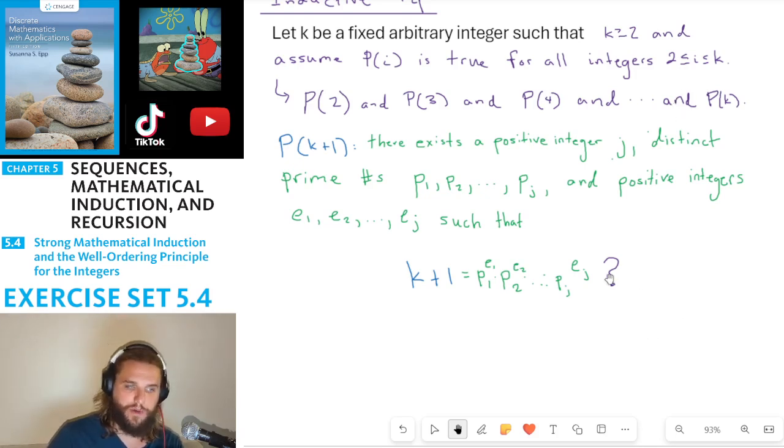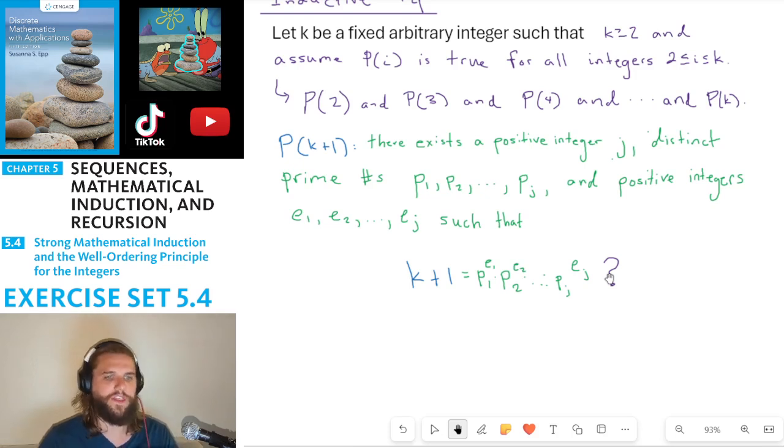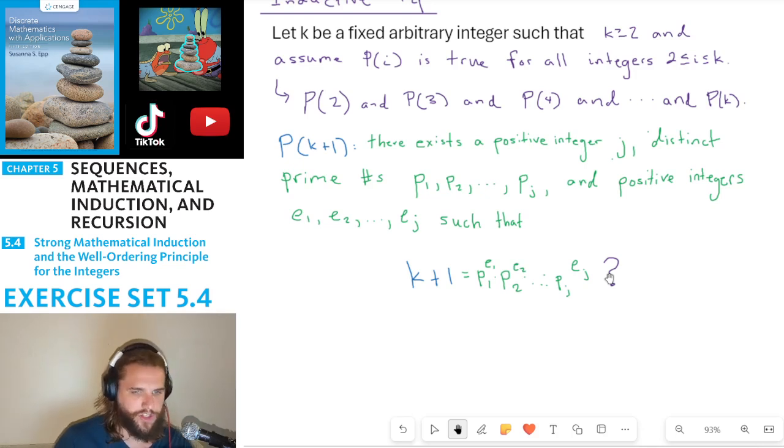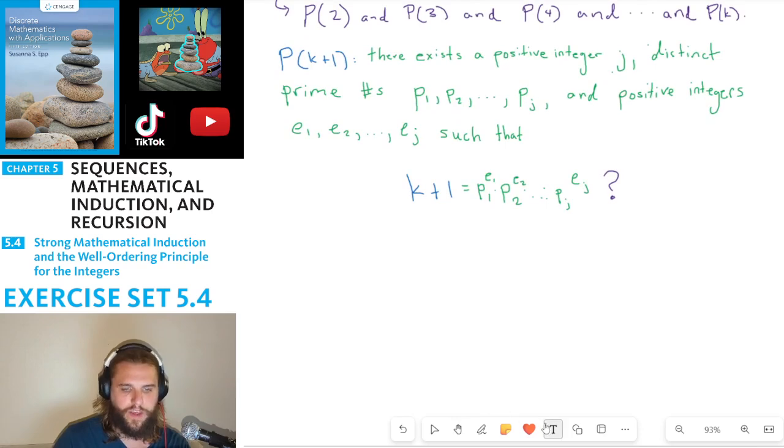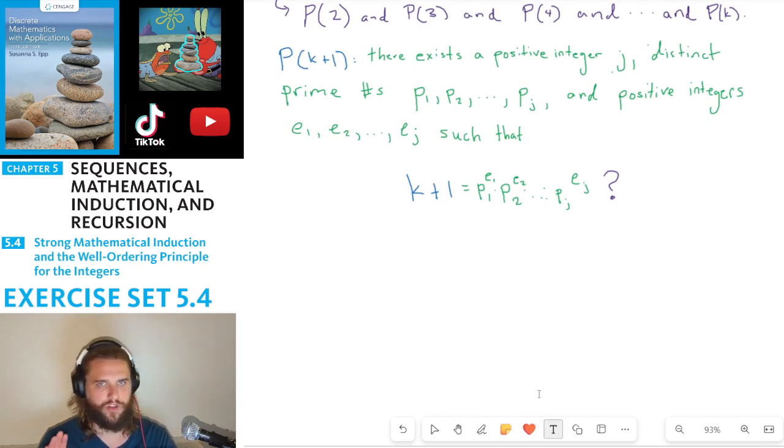Now I put a question mark here because I want to avoid assuming the conclusion. If I make this a question, then I'm no longer asserting the truth of anything. And so this is the thing that we want to show. We want to show that this is true. Now the key to this proof is absolutely crucial to know in order to be able to apply strong mathematical induction here. And once you understand the trick, the rest of this proof is actually pretty straightforward and simple.